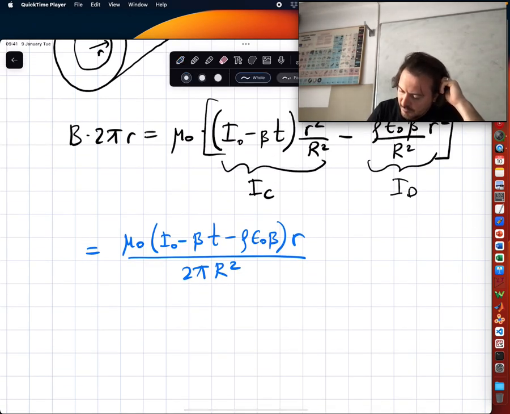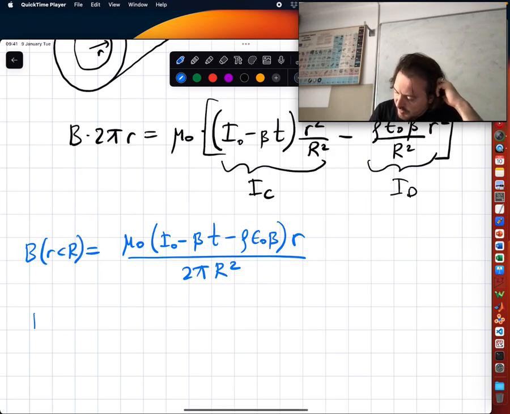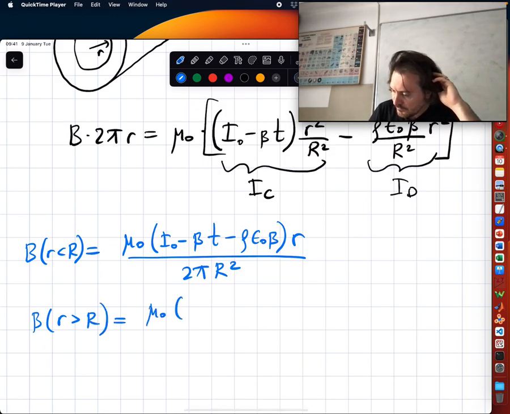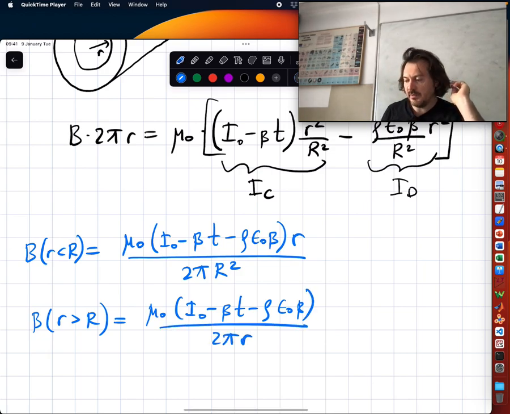This is for B with r less than R. B for r larger than R, it's going to be the same story. Just let me quickly write the same thing, and small r is equal to capital R, but this time it's 2 pi R here.